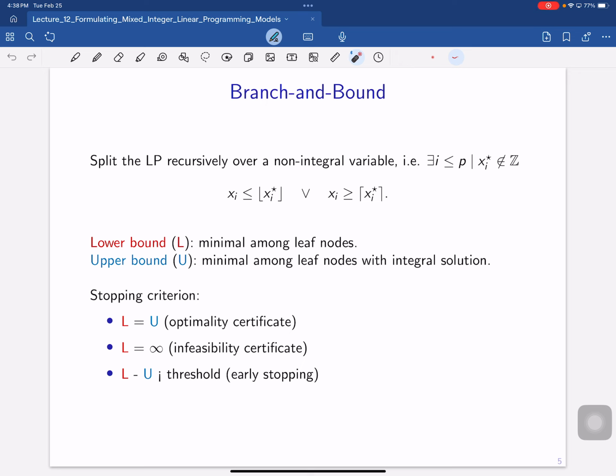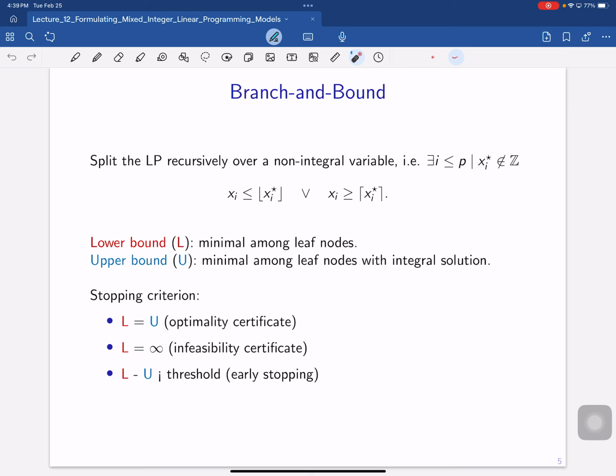On one side of the problem, you will say xi has to be less than or equal to floor of xi star, so this is rounding down the number. And the right-hand side is rounding up the number. Suppose x star is the solution to your linear programming relaxation. You could pick a non-integral variable and then split the problem into two parts. That's called branching.